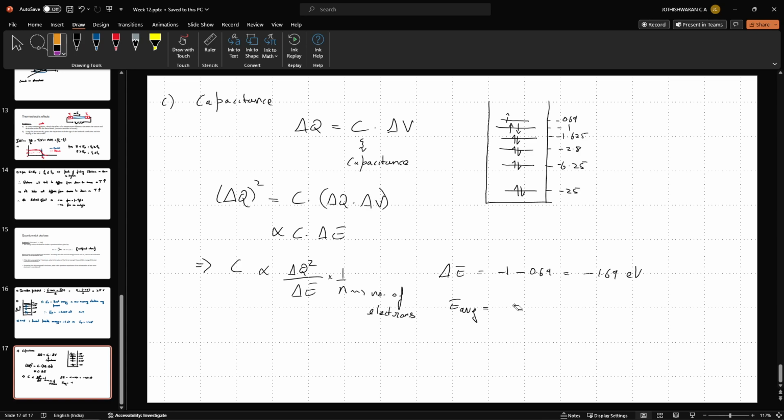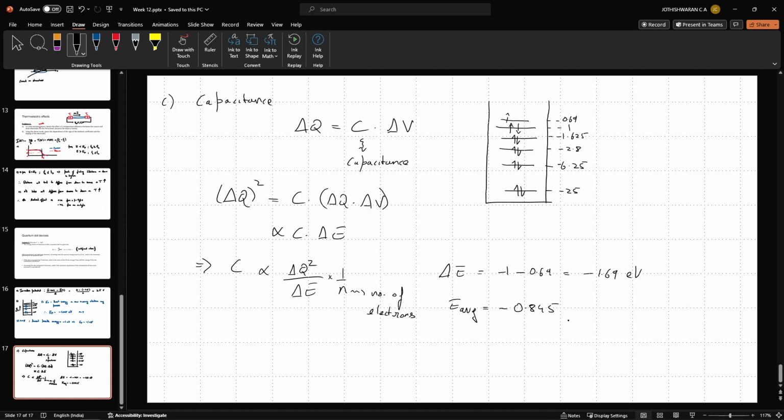Minus 0.845. Now what we have to understand is, if I assume this to be my base energy level, minus 25, this is going to be 25 minus 0.845.